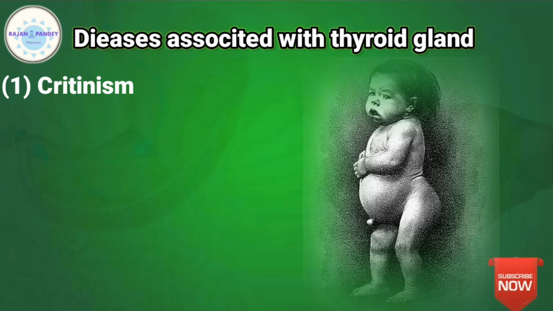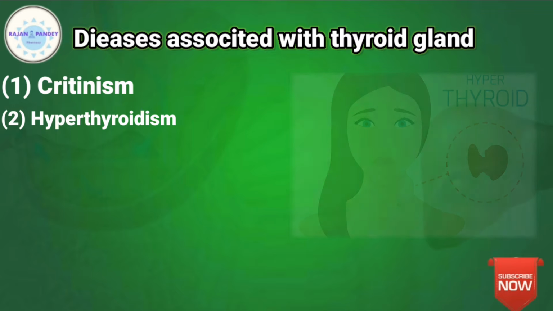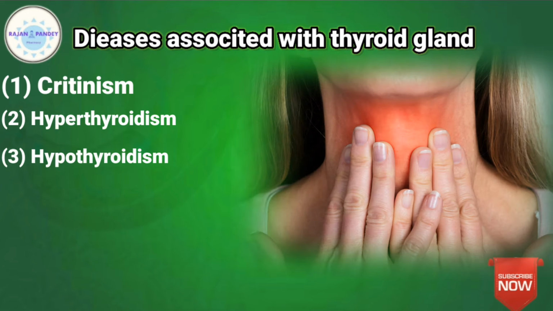The second disorder associated with the thyroid gland is hyperthyroidism. Hyperthyroidism is also known as thyrotoxicosis. Hypersecretion of thyroxine hormone may lead to hyperthyroidism. The third disorder is hypothyroidism.